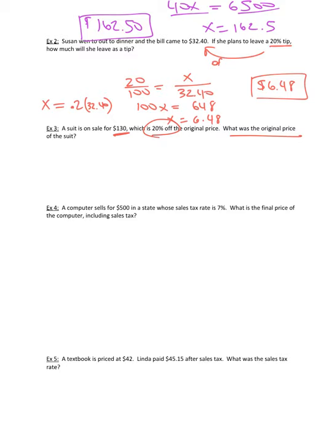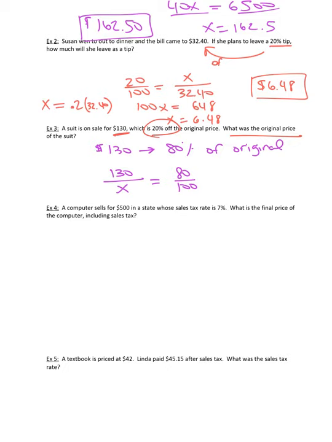So you're going to say to yourself, if $130 is after 20% off, this represents 80% of the original price. So we're going to set up a proportion that says $130 out of some total original price equals 80%, because they took 20% off, so 80% is left, and that's what we're paying, the $130.